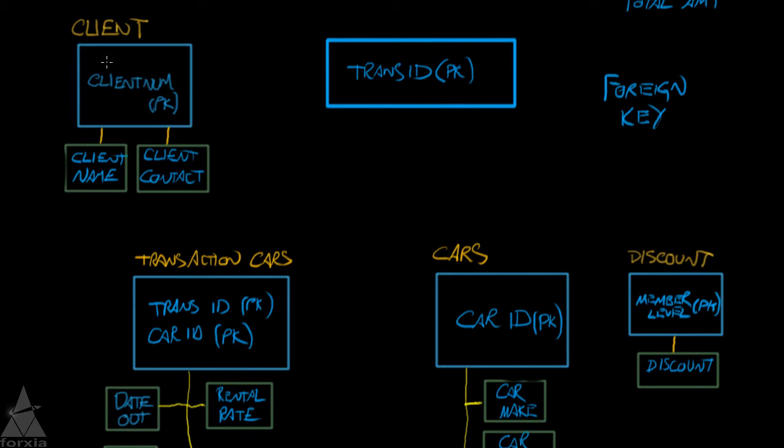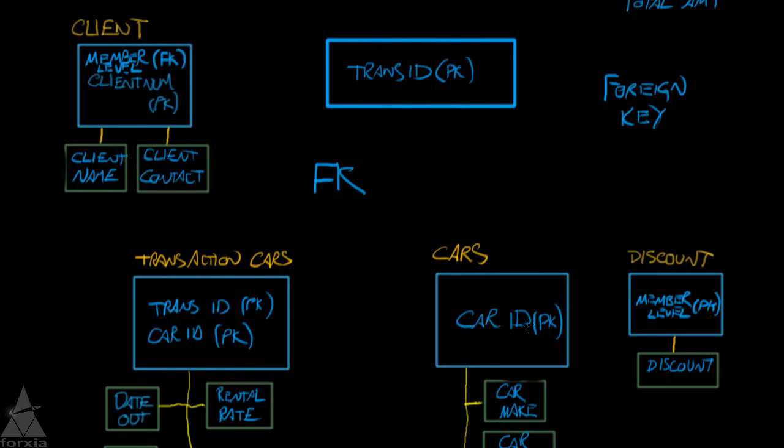For instance, with client, if I want to link client to discount, I'll need to create member level, I'll write level, and we use a designator, and I'll put it here, FK. So this is going to be a foreign key, FK there.